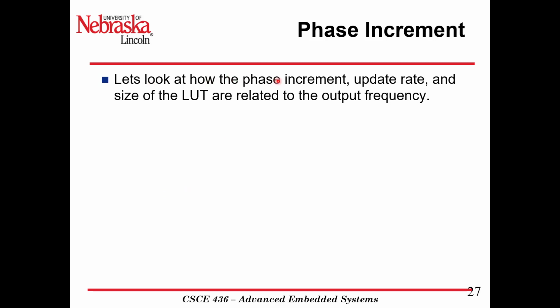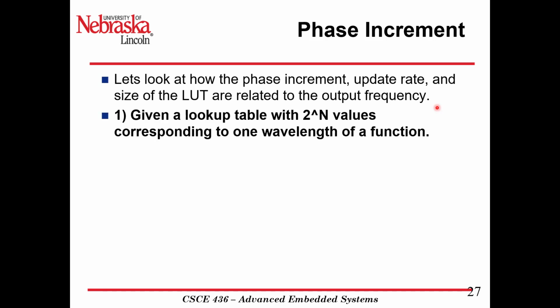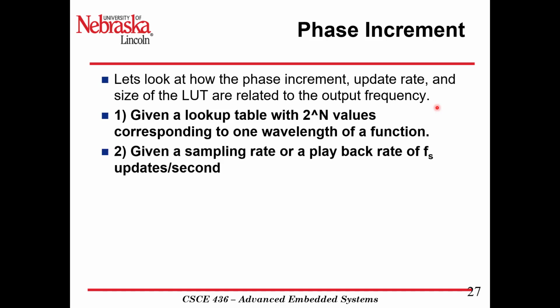Let's look at how that phase increment, our update rate, and the size of our lookup table are related to our output frequency. We're going to be given a lookup table with 2 to the power n values corresponding to 1 waveform of the function. We're going to have a sampling rate or a playback rate. That's our frequency of sampling, updates per second. In our case, we have 48 kilohertz. That's defined in our audio codec.